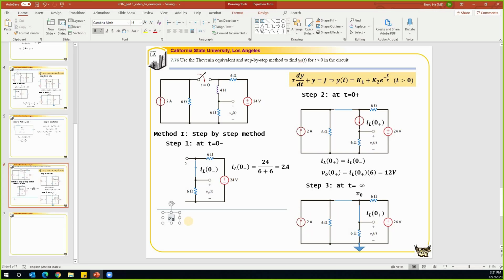The current leaving this node from this branch is (VO minus 24) divided by 6, plus VO divided by 6 in this branch, plus the current leaving from this branch, which is negative 2 mA. That is equal to 0. So we can find VO that way. Remember, this is the VO at t equal to infinity. VO at t equal to infinity is equal to 12 volts.